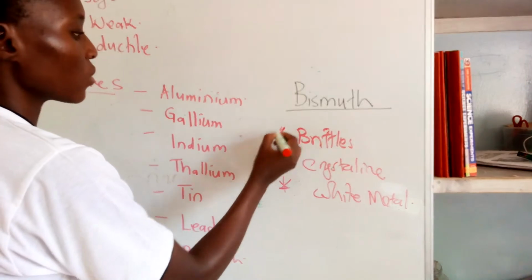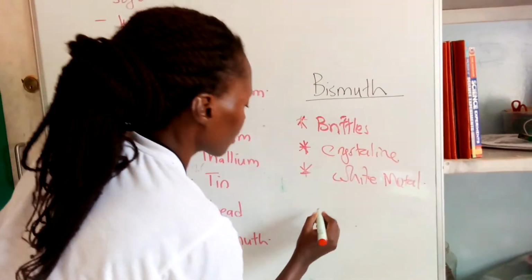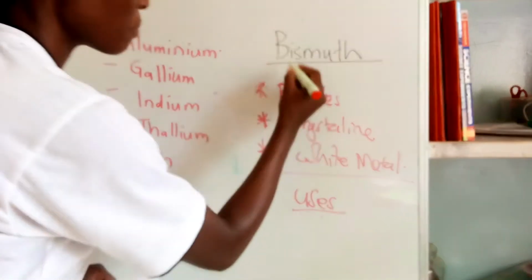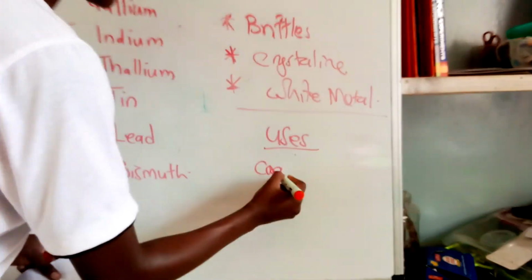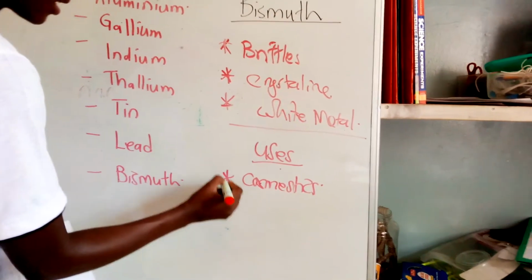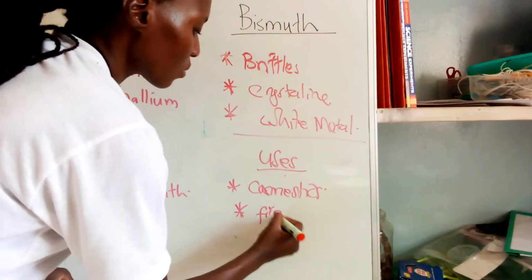Then among the uses, bismuth is mostly used for cosmetics. The ladies, among the uses for bismuth, it is mostly used for cosmetics. It can as well be used in fire extinguishers.